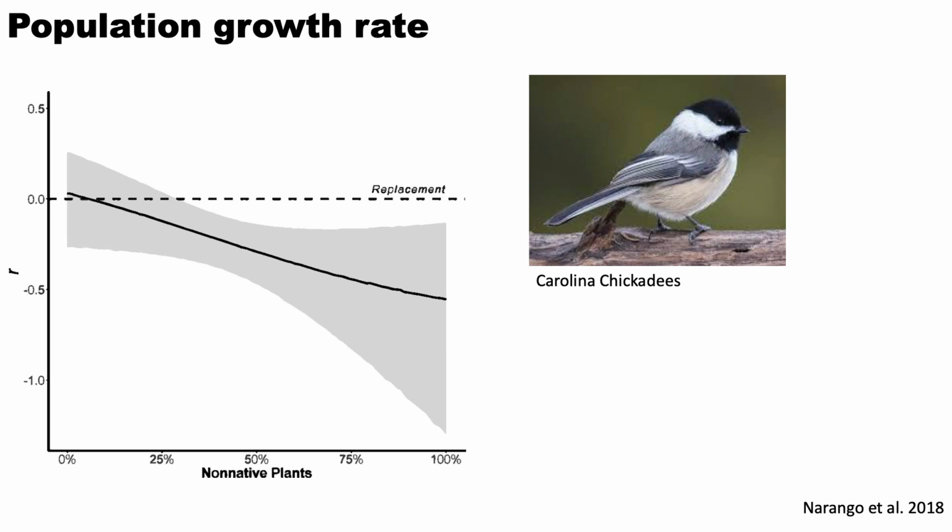So basically, the number of births and deaths is equal. But as you see, as the proportion of non-native plants increased in their habitat, the growth rate kept declining. Right?